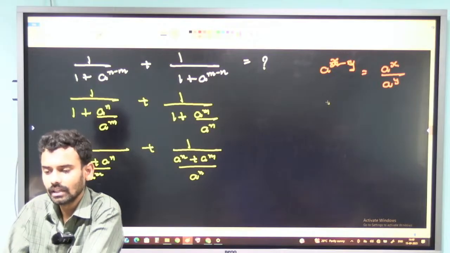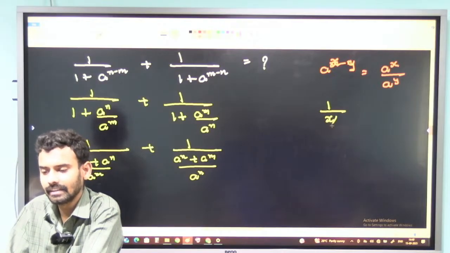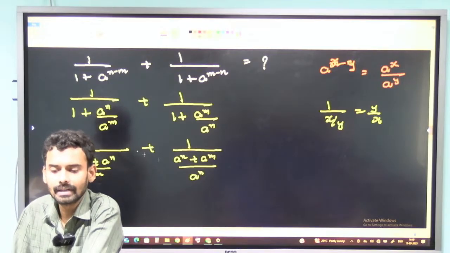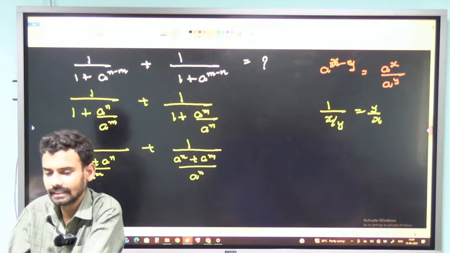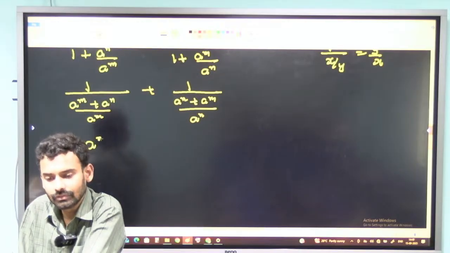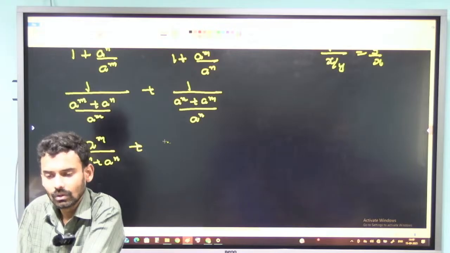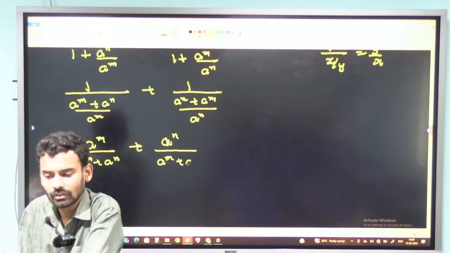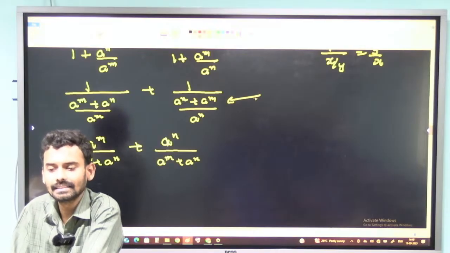Now as we know that 1 divided by x by y can be written as y by x, I will simply take this a to the power of n and a to the power of m to the numerators, and this can be written as a to the power of n divided by a to the power of m plus a to the power of n, plus a to the power of m divided by a to the power of n plus a to the power of m.